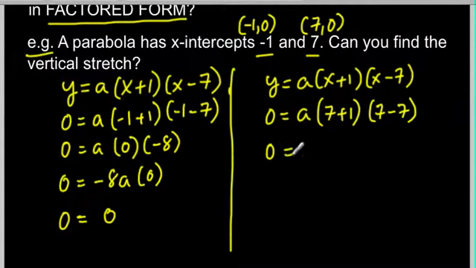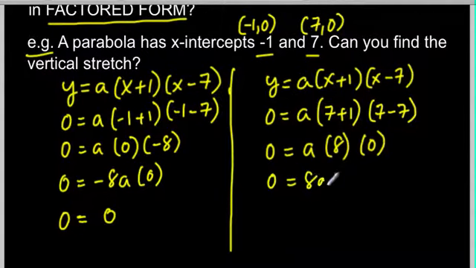So 0 is equal to a, this is equal to 8, and 7 minus 7 is 0, so 0 is equal to 8a times 0. And what's anything times 0? Well, it's obviously equal to 0. So that's true once again, 0 is equal to 0, but we have not been able to find what a is.